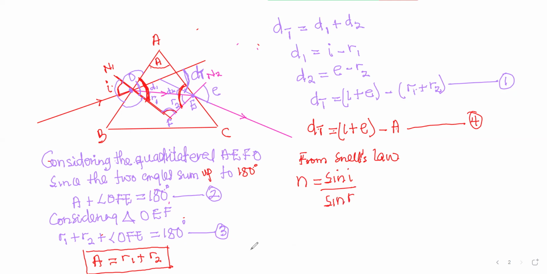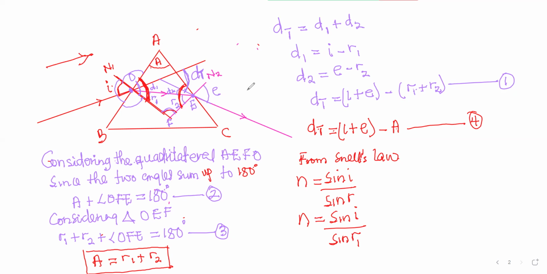So by this, we can determine the refractive index by taking the ratio of the sine of the angle of incidence I to the sine of the angle of refraction R1. That is, if we are moving in this direction.